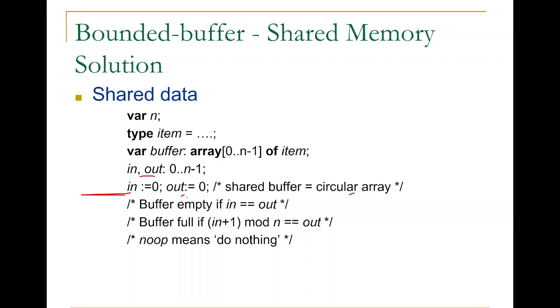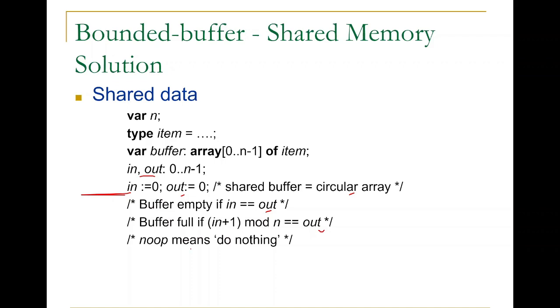It is a circular array. So the buffer is empty if in is equal to out. The buffer is full if in plus 1 mod n is equal to out.